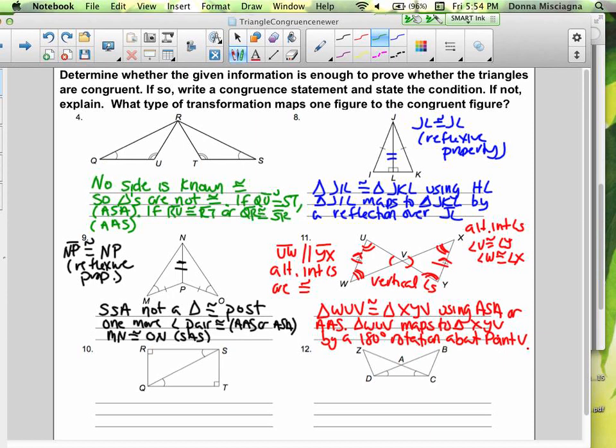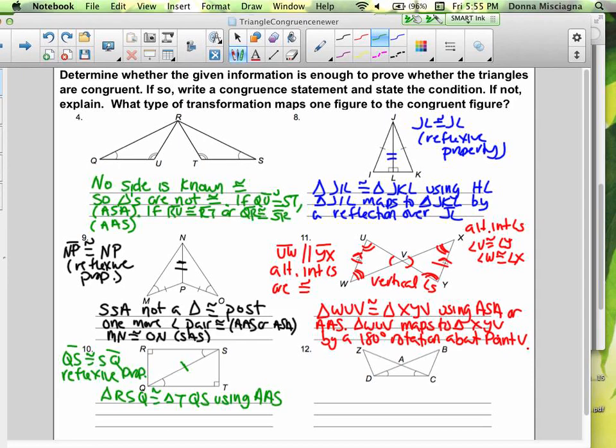All right, so let's look at the last two here. All right, so we can mark QS congruent to SQ. And that's the reflexive property. And that's all the information we need for angle, angle, side. So triangle RSQ is congruent to triangle TQS using angle, angle, side.